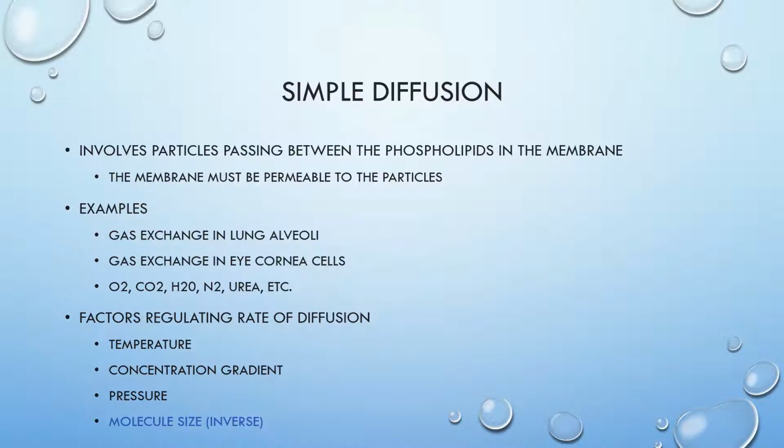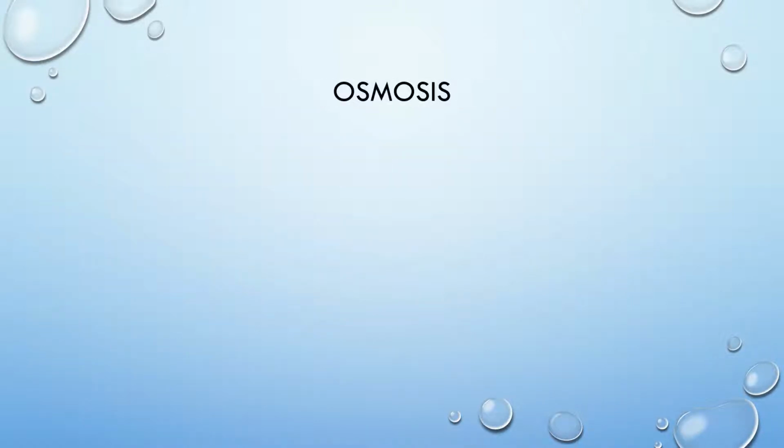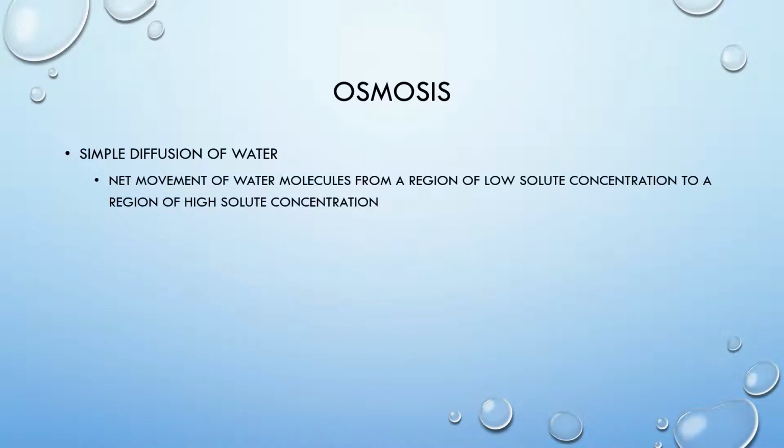Osmosis is the simple diffusion of water. In other words, it is the net movement of water molecules from a region of low solute concentration to a region of high solute concentration. Just for review, the solute refers to the dissolved substance.